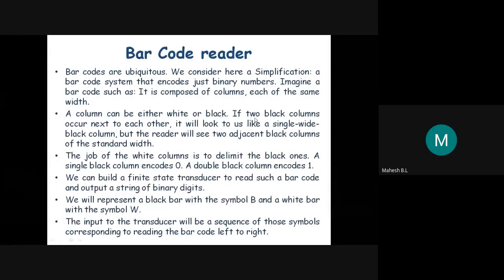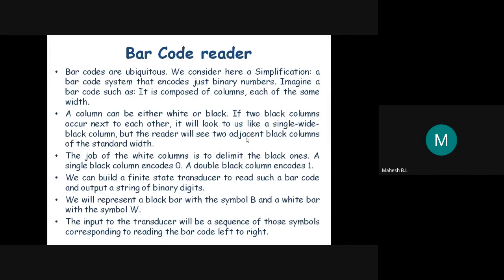If two black columns occur next to each other, they look to us like a single wide black column. Actually, all columns are of the same width, but when they appear back to back, it looks like a wider black column. Similarly, multiple white columns back to back look like a fat white column.